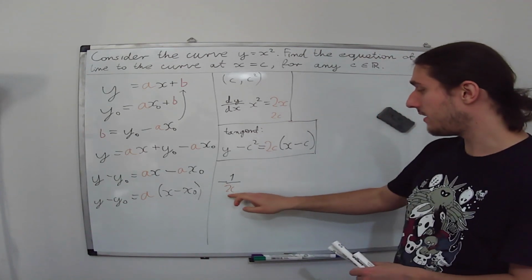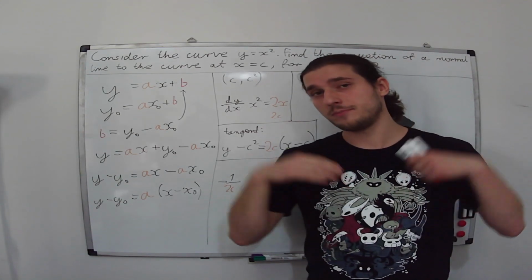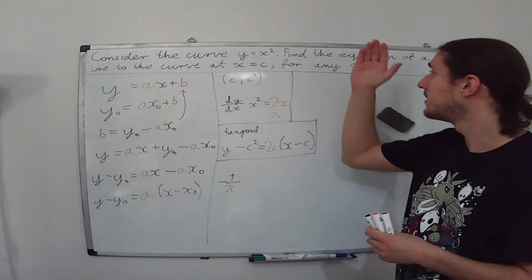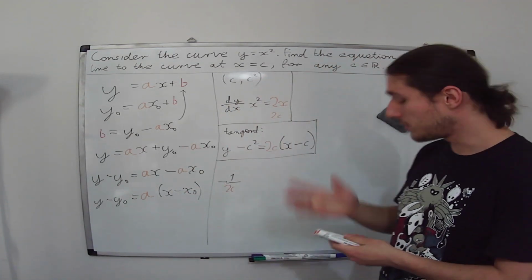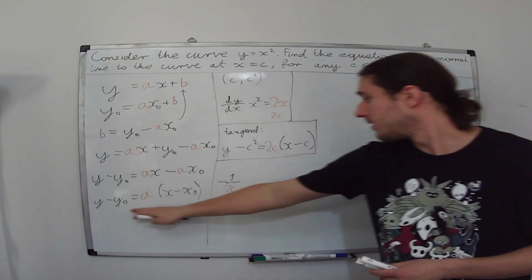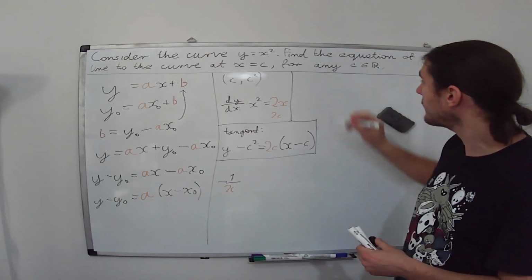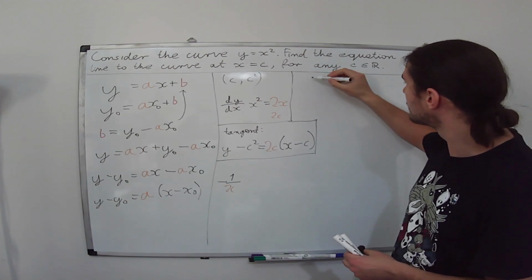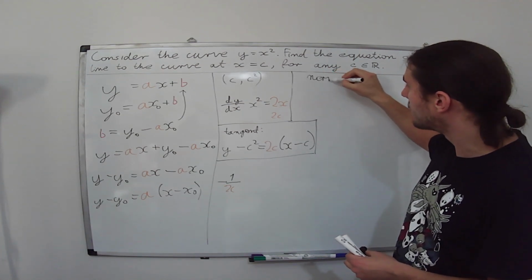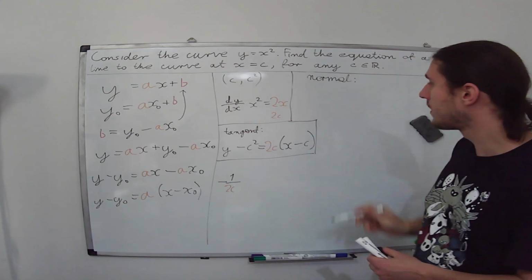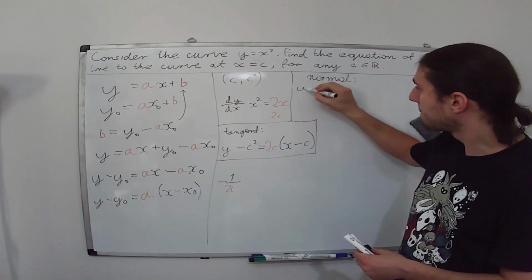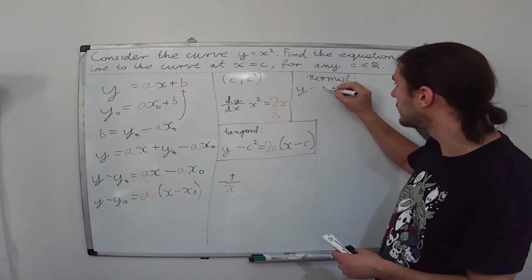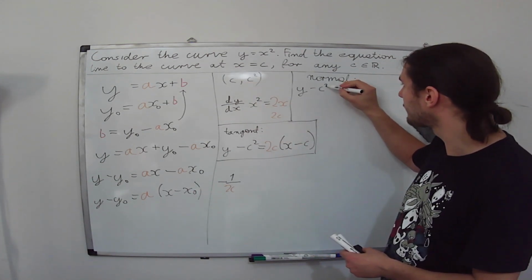So with that knowledge, we can now finally find the equation for the normal line to our curve, which will be, taken from here again, y, I should probably name it the normal, will be y, again, minus c squared, which is our y coordinate there.